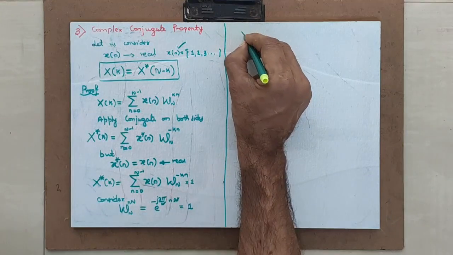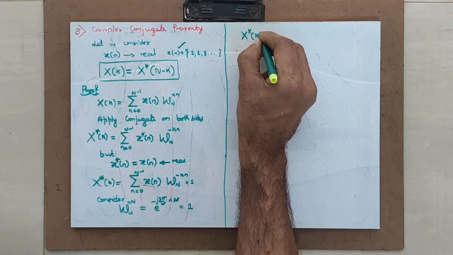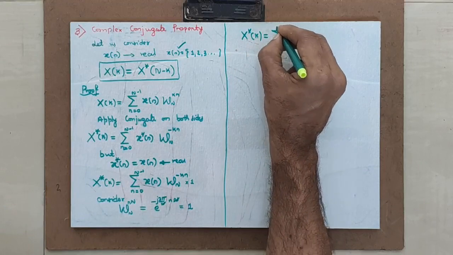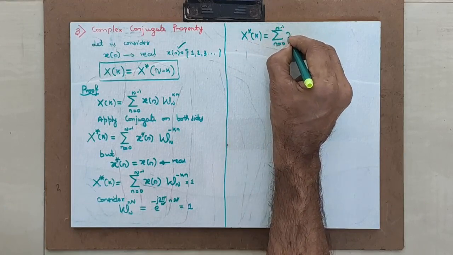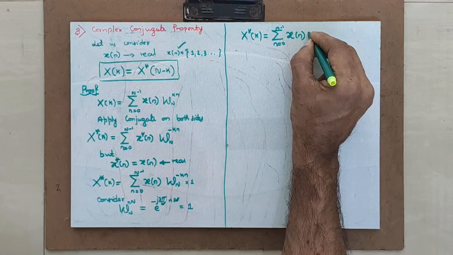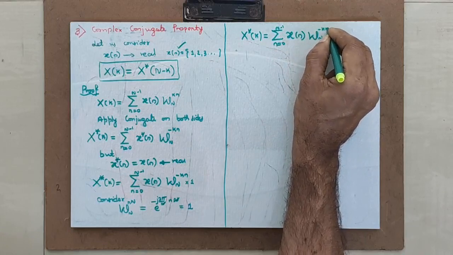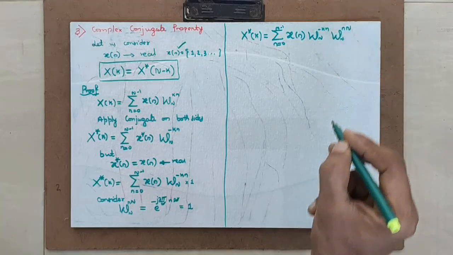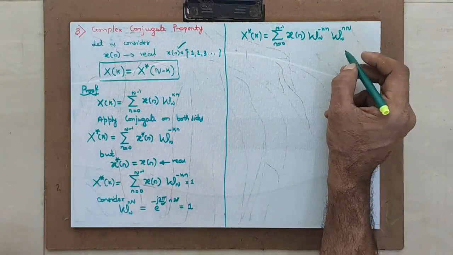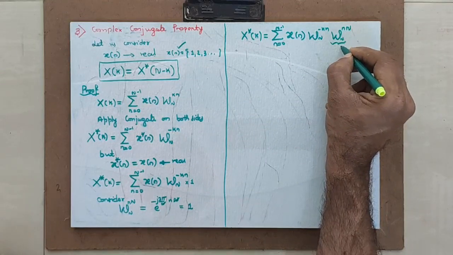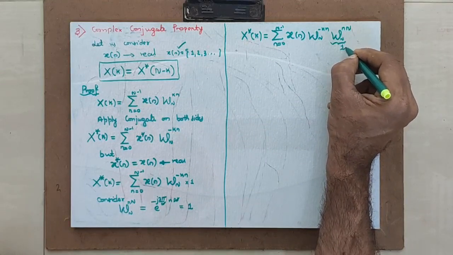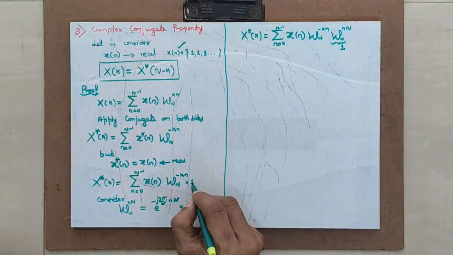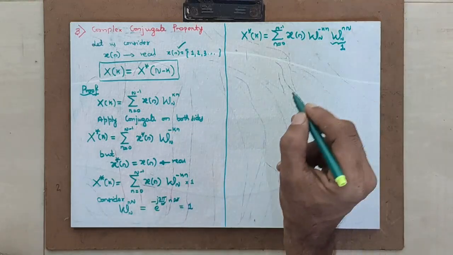Hence x conjugate of k is equal to summation n equal to 0 to N minus 1 x of n W_N raised to minus kn W_N raised to N into n. Now why did I make this N into n? Because it is simply a replacement for 1, that's all. Nothing changed as such.